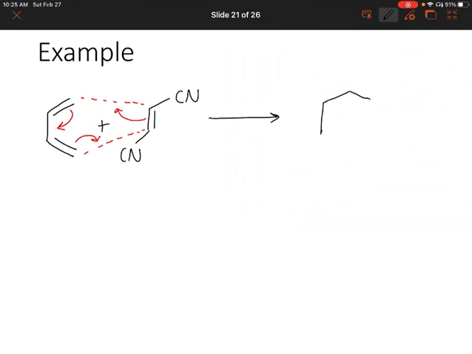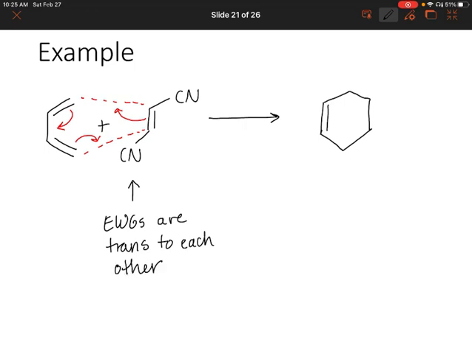So we would still have that cyclohexene ring, but this time the electron withdrawing groups are trans to each other, so we want to make sure that they're trans in the product. So one of the cyanide electron withdrawing groups will be in a dash position, and the other one will be in a wedge position.